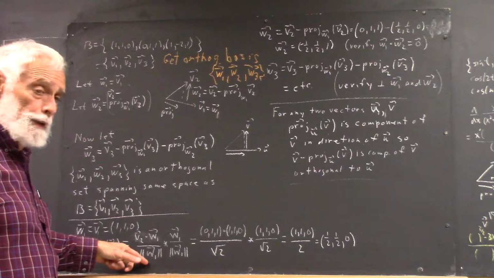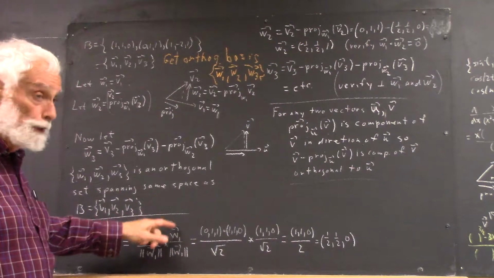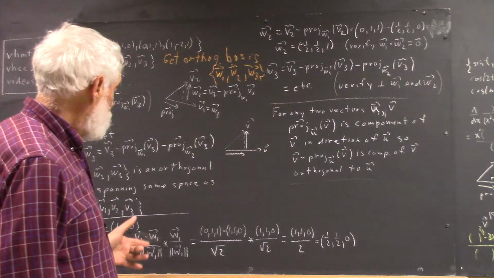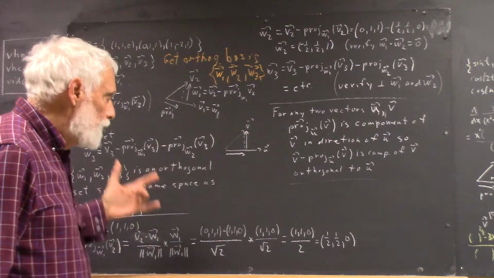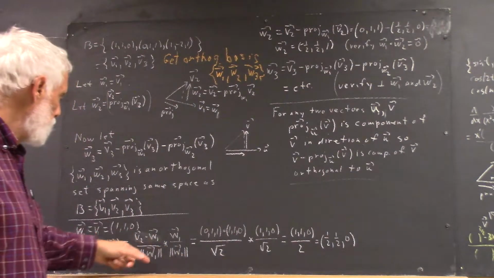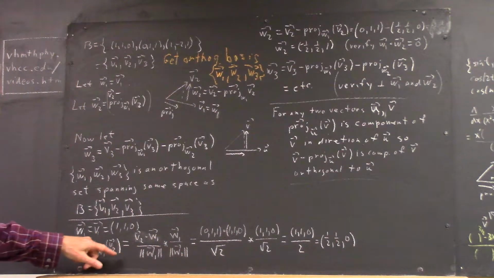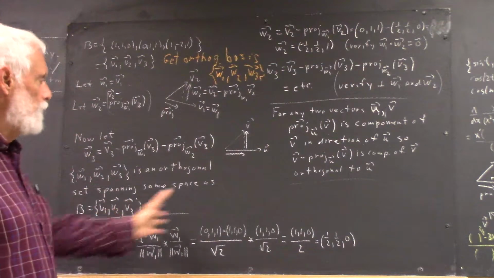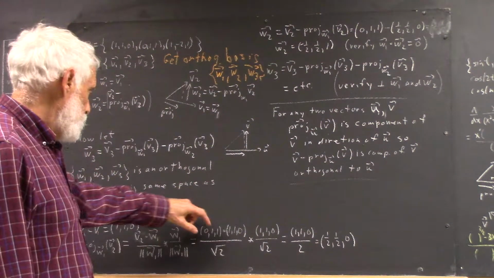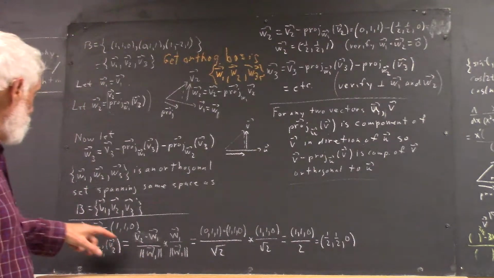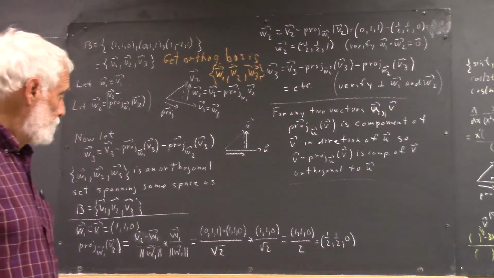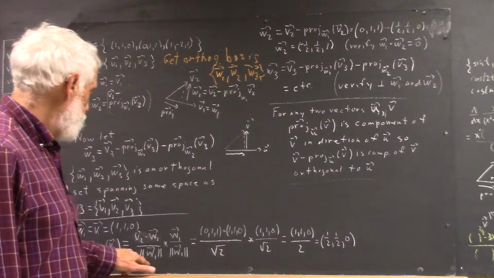We take that and we multiply it by the unit vector in the direction of W1. And that gives us a vector in the direction of W1 with this magnitude, and that's exactly what we mean by the projection. Okay, so just calculating it, I do the dot product of V2 with W1, W1 being the same as V1, and then I divide by the magnitude of W1.